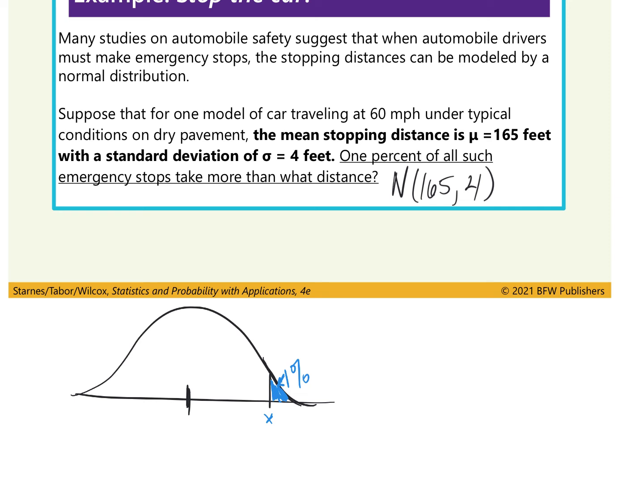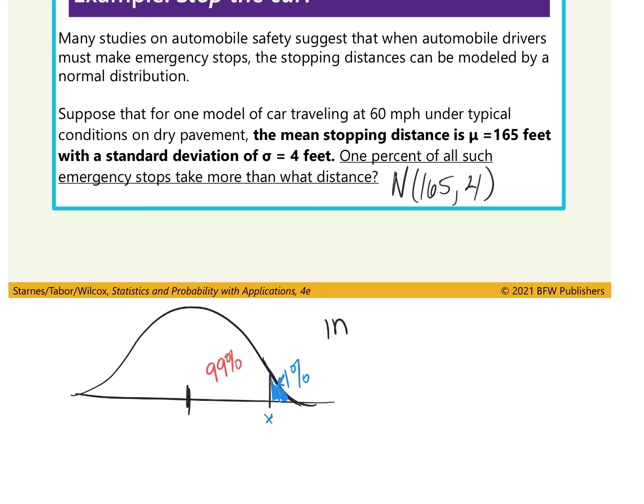My calculator doesn't give me greater than, it only gives me less than. What percent of this model is less than x? 99%. That's what I need to ask my calculator for. I need to ask the calculator for 99%.